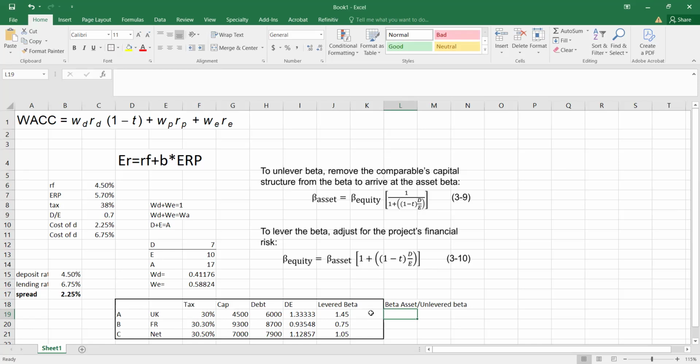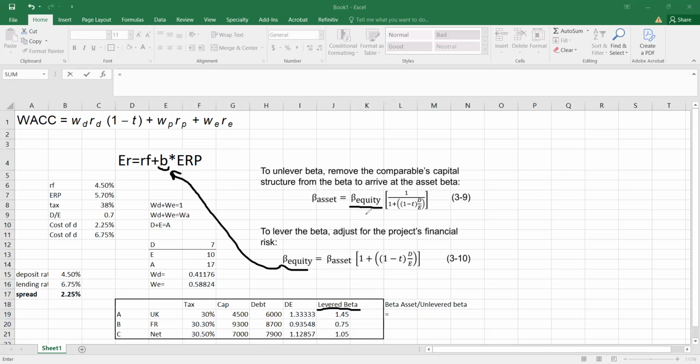Let's do it. This beta equity is this levered beta. And this is for our private company. But to do that, we calculate this beta equity of these companies.